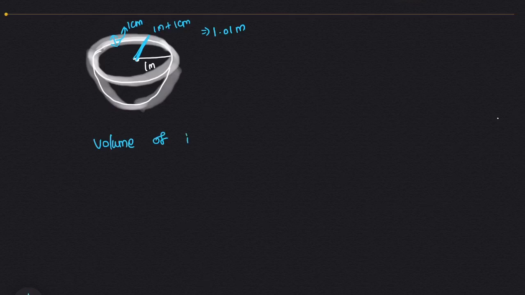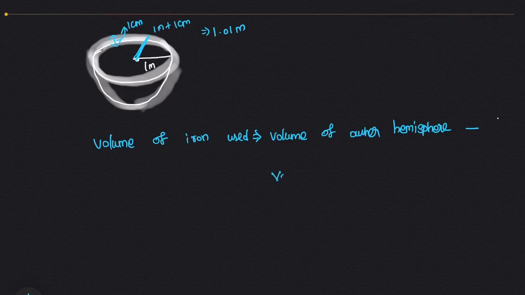Volume of iron used is equal to just finding the volume of outer hemisphere minus volume of inner hemisphere.